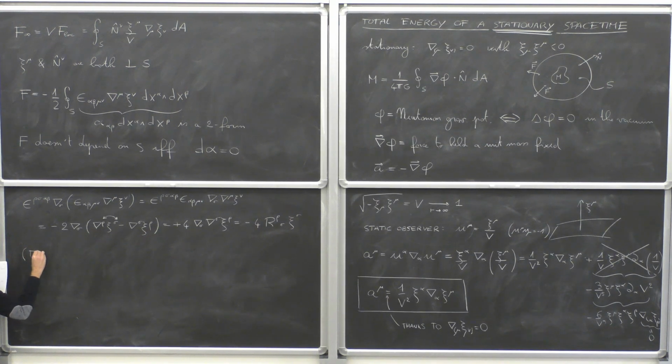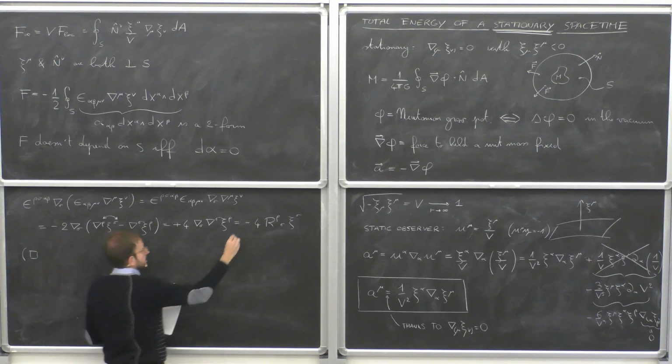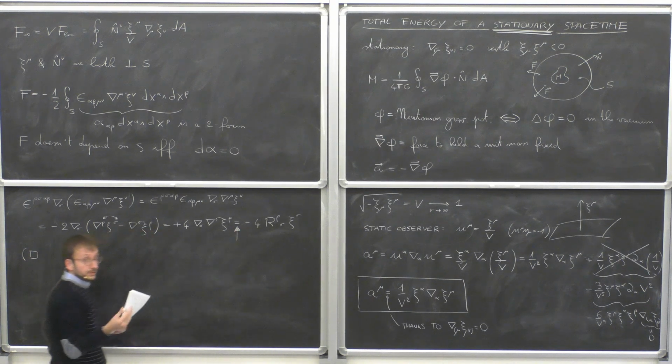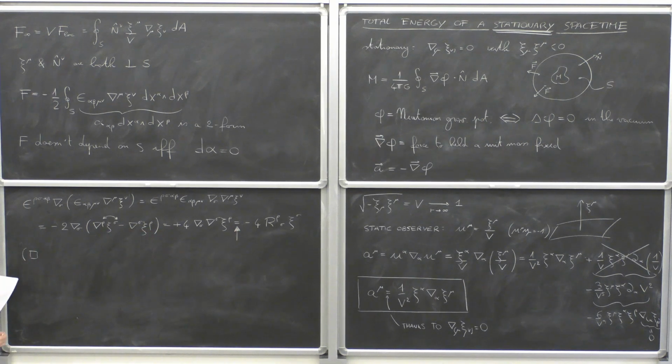And now, how did I get this identity here? It is again a consequence of the Killing equation, because one consequence of the Killing equation is the following.